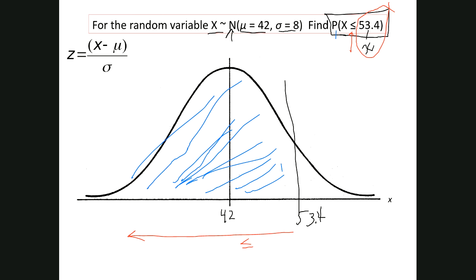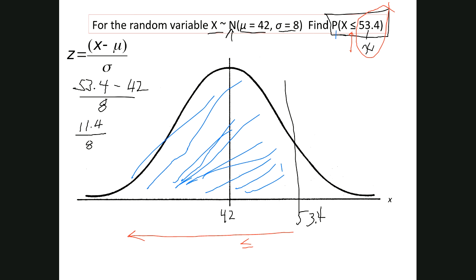We said already the value of x is 53.4, minus the mean, which is 42. And then divide that by 8. That's going to be our Z value. And so 53.4 minus 42 is positive 11.4, divided by 8.